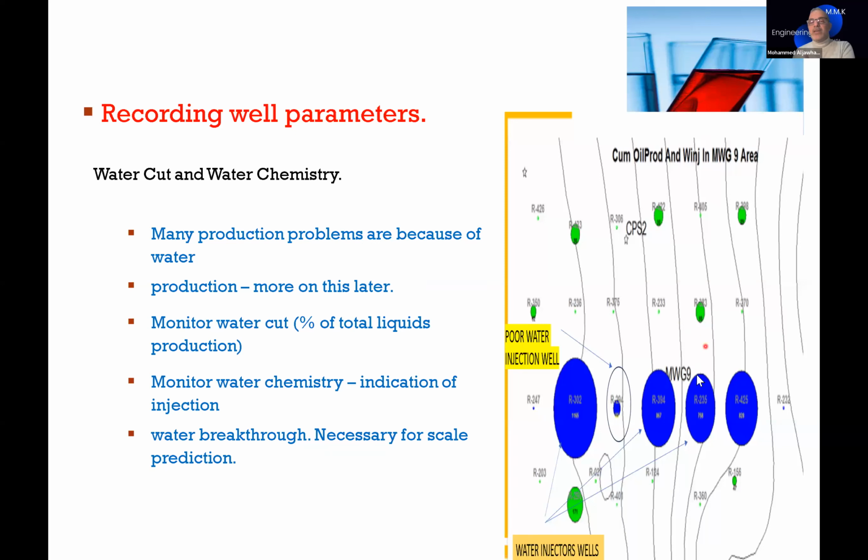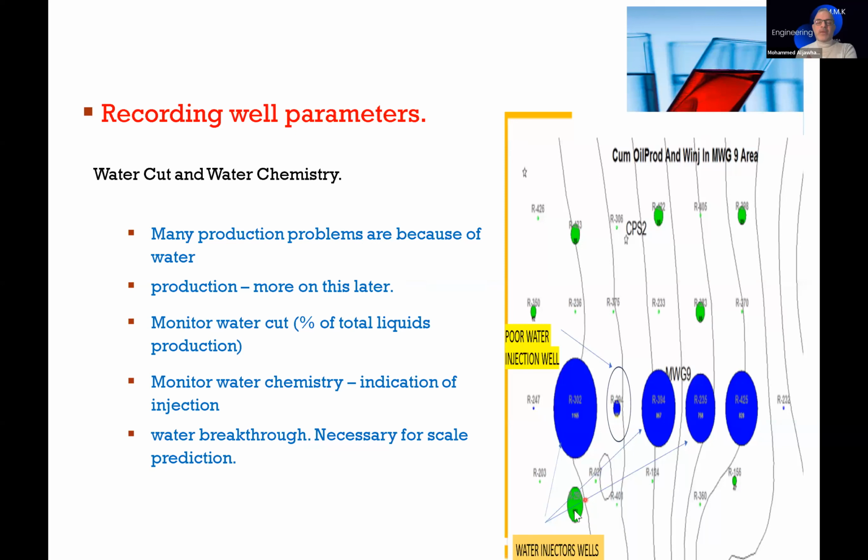having said that, water breakthrough can happen on the nearest wells or the farthest wells, depending on the reservoir type and the reservoir characteristics. Is there any channel between those wells?